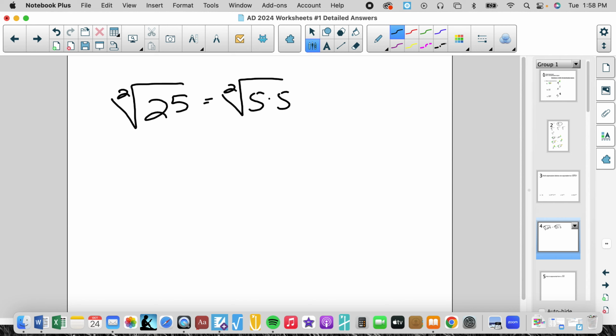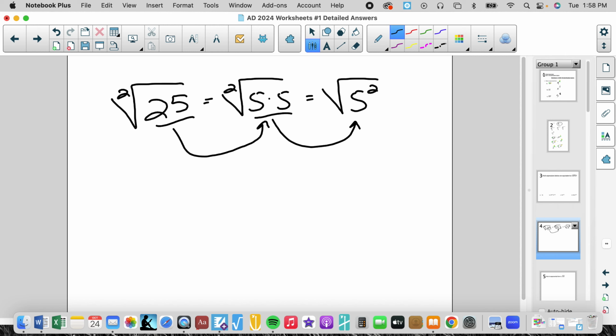We can break 25 into 5 times 5, and 5 times 5 we can rewrite as 5 squared. So the square root and the square are going to cancel each other, and it leaves me with the base, which is 5. So whenever we see the square root of 25, we know it equals 5 because we're always looking for things to cancel.